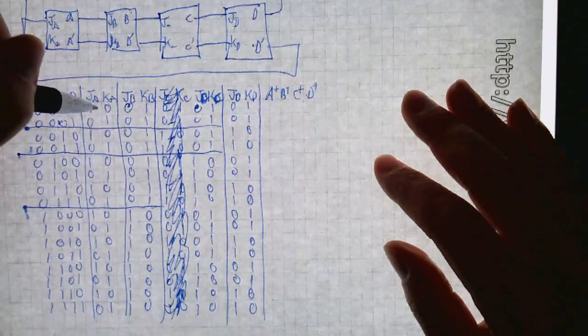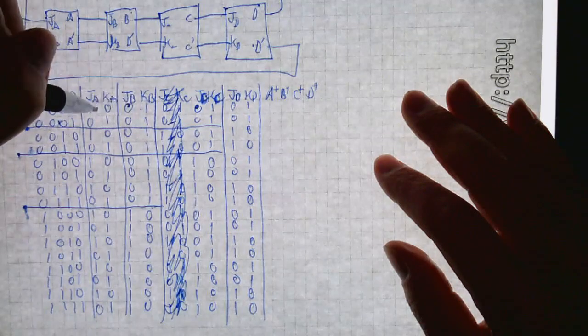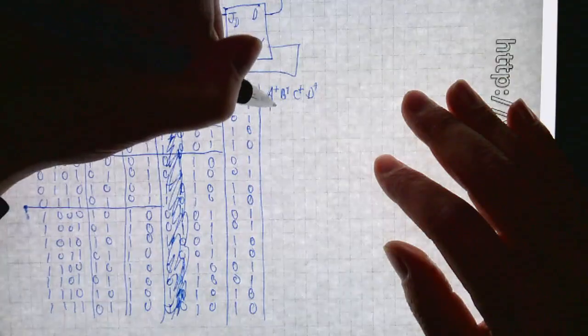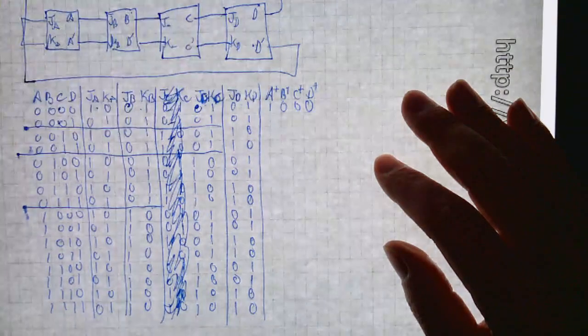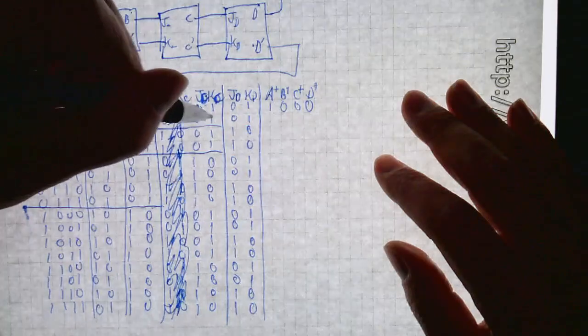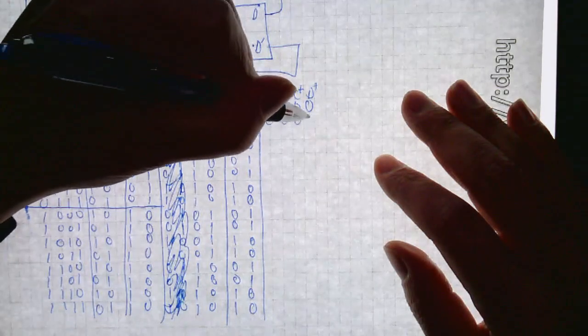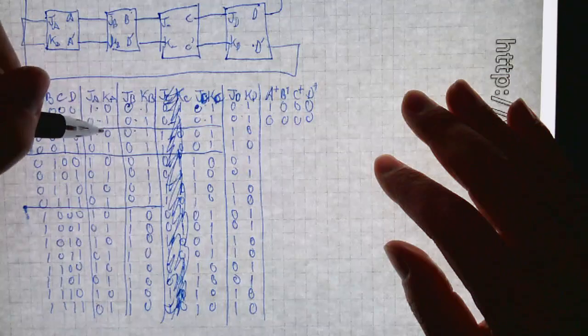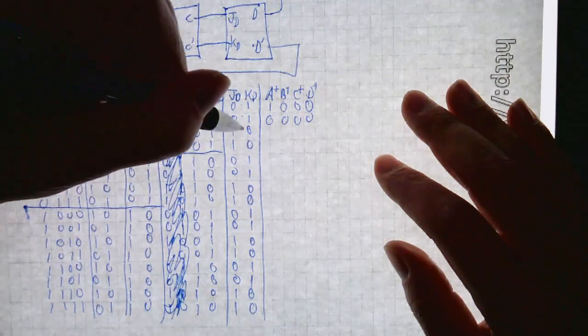So I got set, reset. That's 1, 0, 0, 0. I got reset, reset, so that's 0, 0, 0, 0. I got set, reset, that's 1, 0, 0, 1.